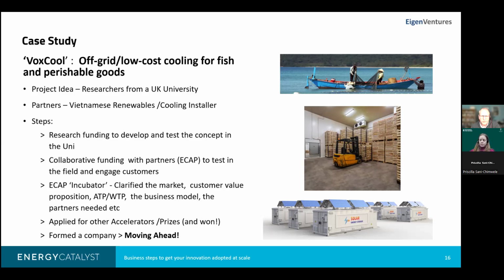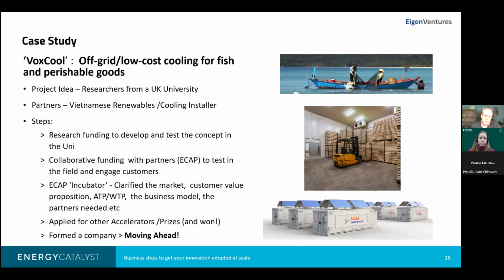Then they went for collaborative funding with partners, and that's when they came into the Energy Catalyst program. That 12-month project was there to help them put the system in the field, test it, engage customers, get customer feedback, and think about the business model.